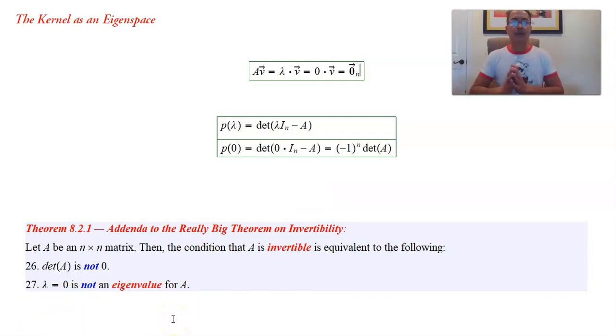So what did we see in our 3 examples? For proj L and proj pi, we saw eigenvectors for lambda equals 0, so neither of those 2 matrices is invertible.